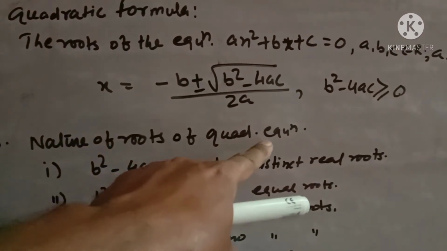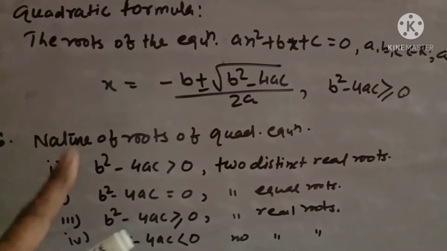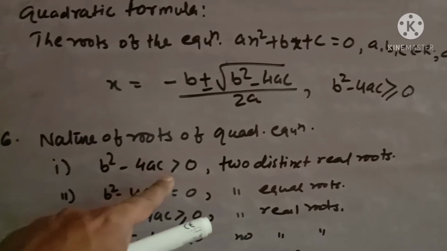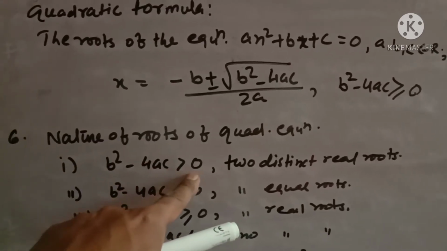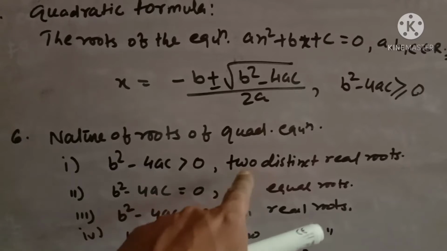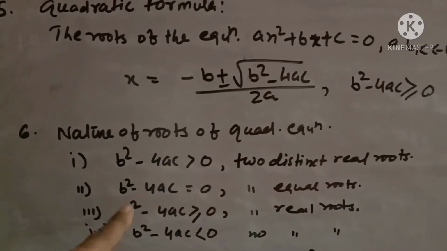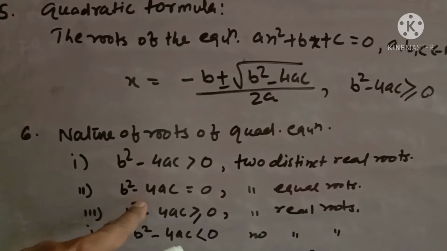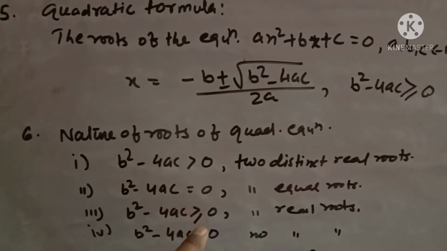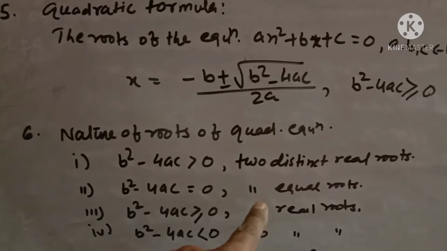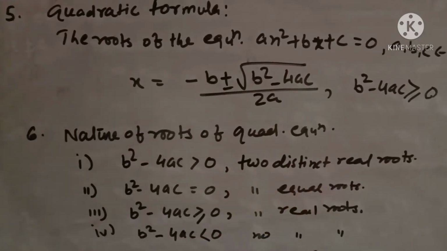Now, nature of roots of a quadratic equation. If and only if b square minus 4ac is greater than 0, we will get two distinct real roots. If and only if b square minus 4ac is equal to 0, two equal roots we will get.